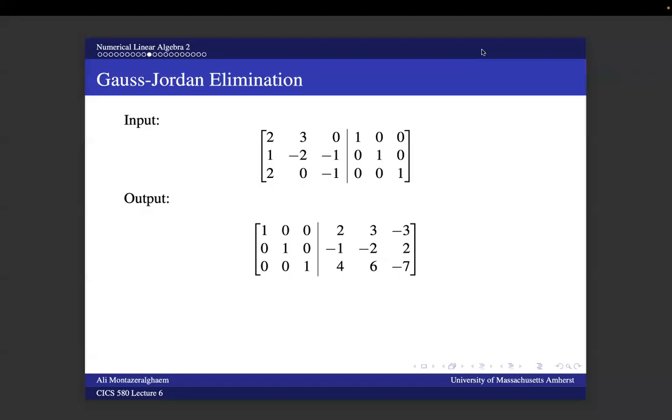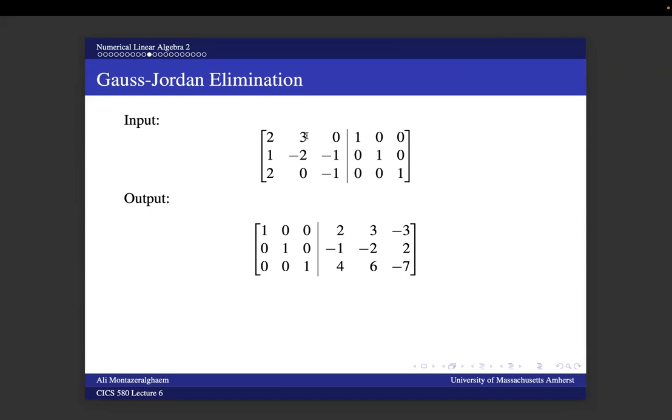In this algorithm, we need to first make sure that the elements below the diagonal are 0 in the left side, and then the elements above the diagonal.